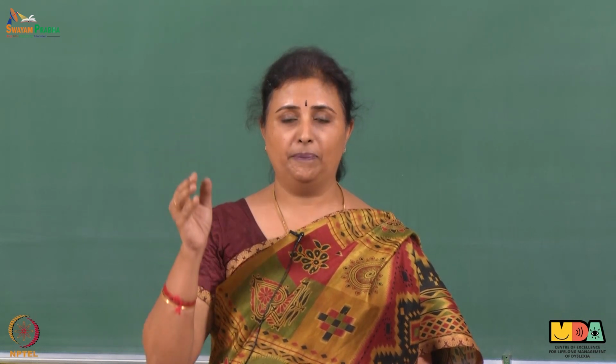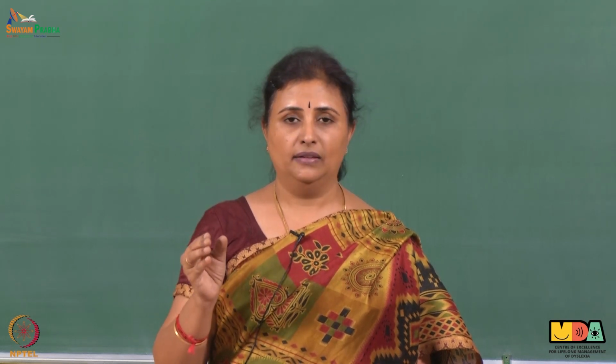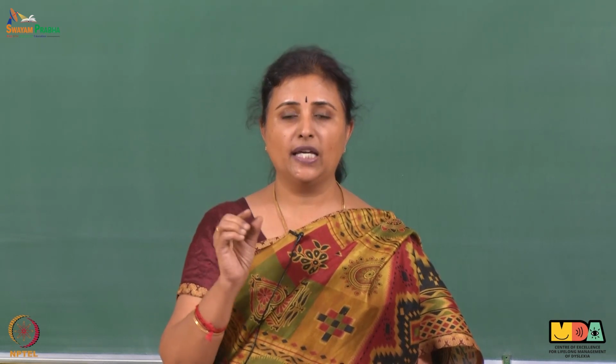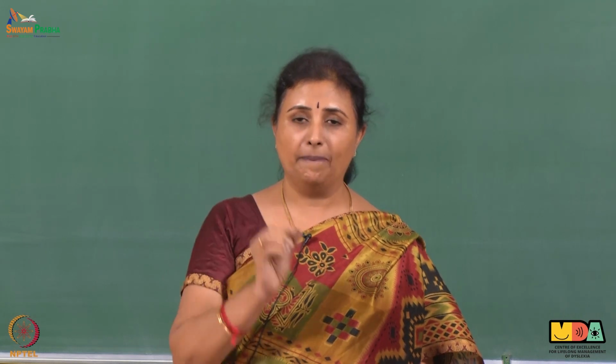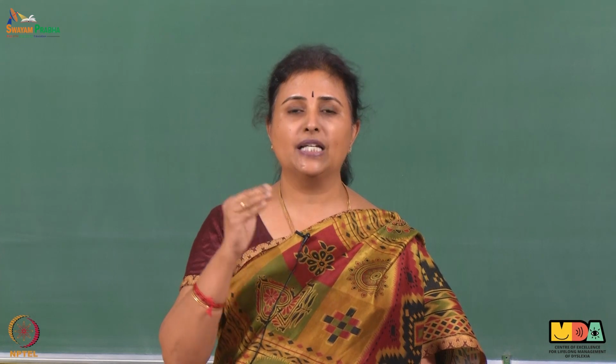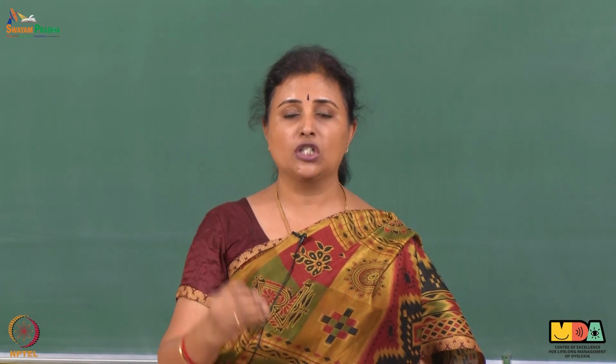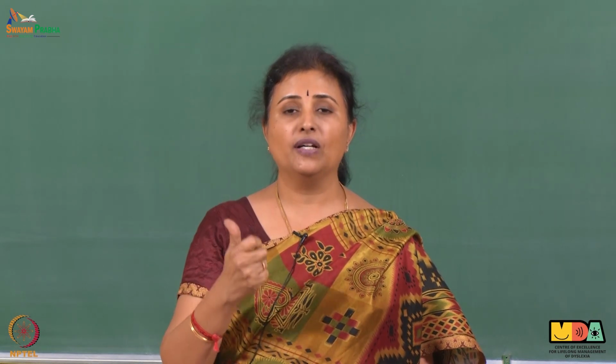Suppose there is a letter B and the B has a sound called B. So, I was able to associate the sound B and B and read it as B. When I read, suppose there is a word called bat, I am able to read the word bat because I know the letters B, A and T and the respective sounds of B, A and T, put them together and read it as bat.